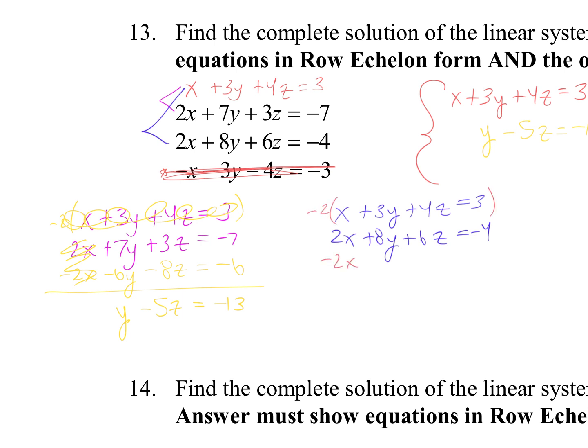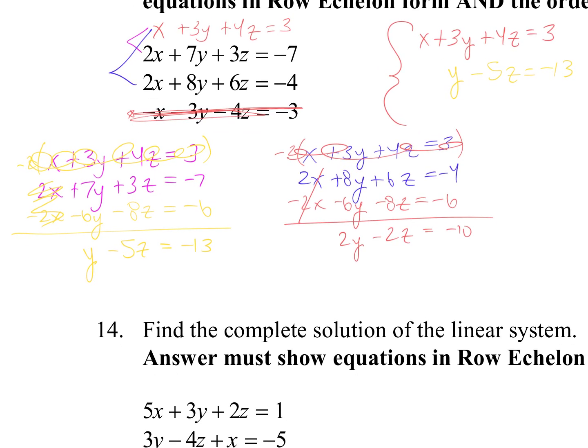So I have -2x minus 6y minus 8z equals -6. So if we eliminate, our x's cancel. I have 2y minus 2z equals -10. Now at this point, if you see, oh, I can divide everything by 2, go ahead. If you don't want to, you don't see it, no big deal.